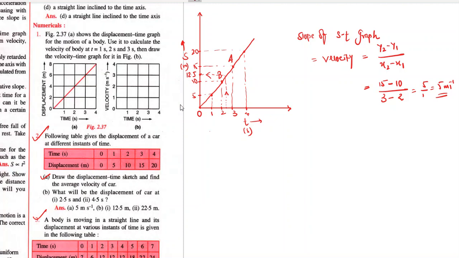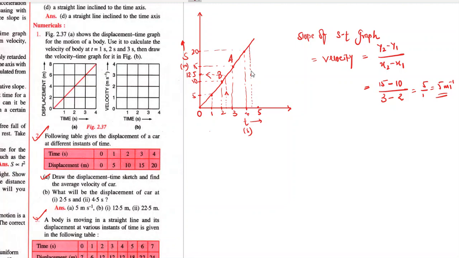Similarly, the displacement of the car at 4.5 seconds. Now see, this is 4 and this is 5. So in between 4 and 5, there is a point exactly in between, which is 4.5.